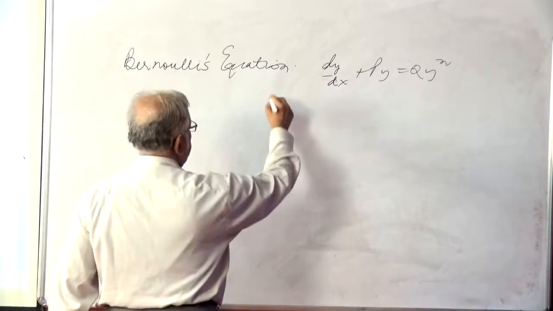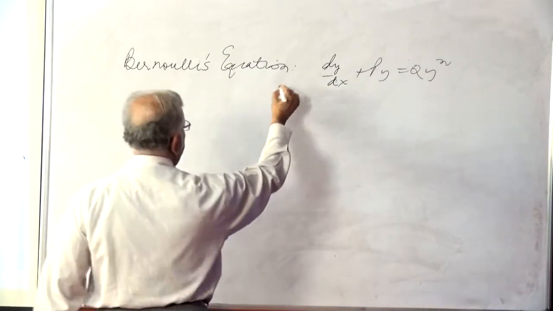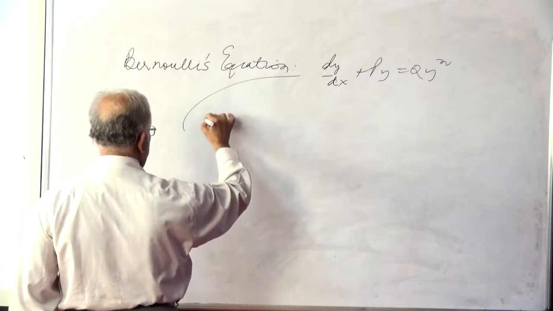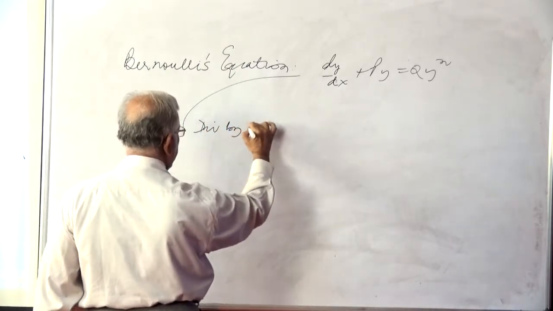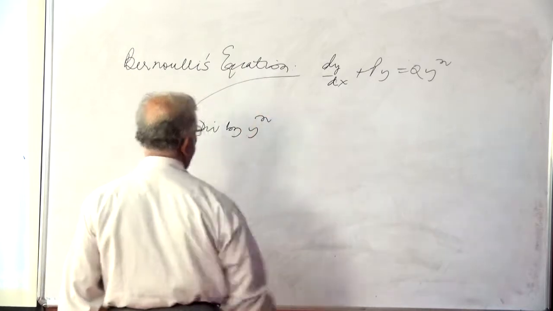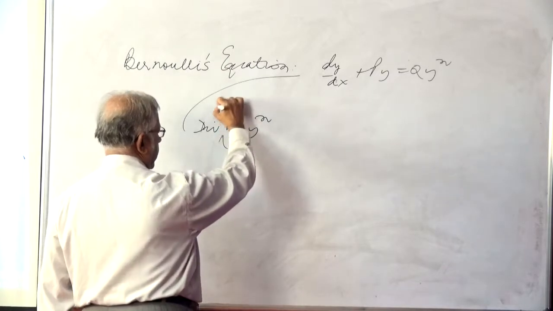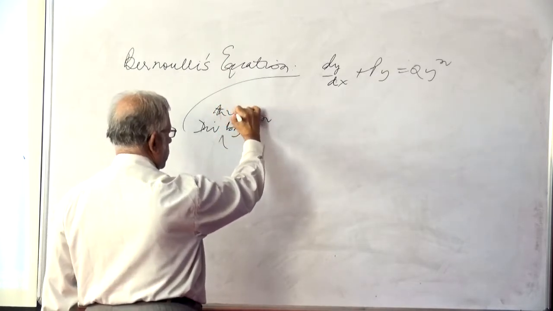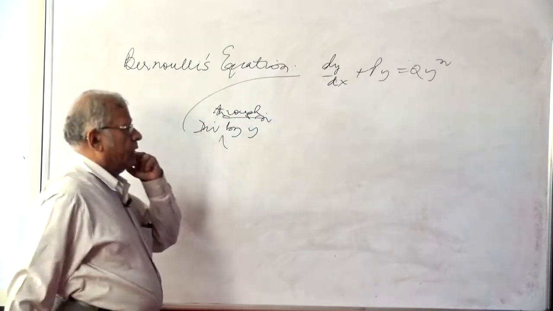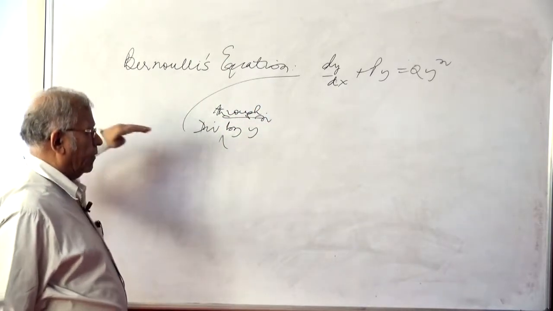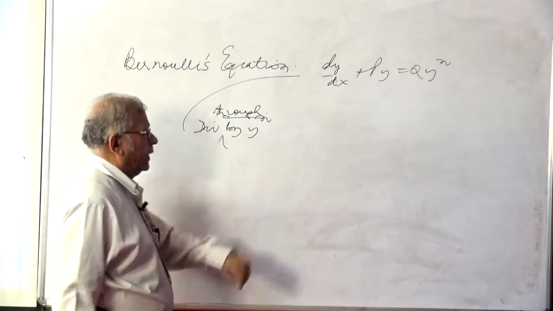What we do is, we divide the entire equation through by y to the power of n. That gives the message that we have to divide the entire equation, the right hand side and left hand side, by y to the power of n.